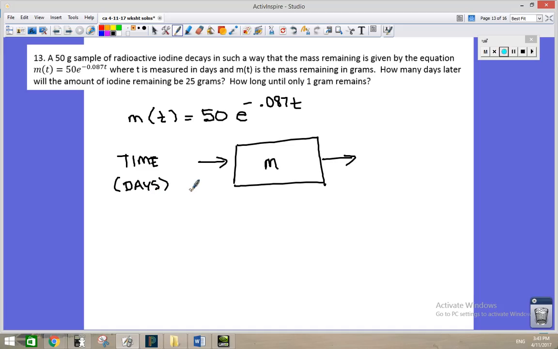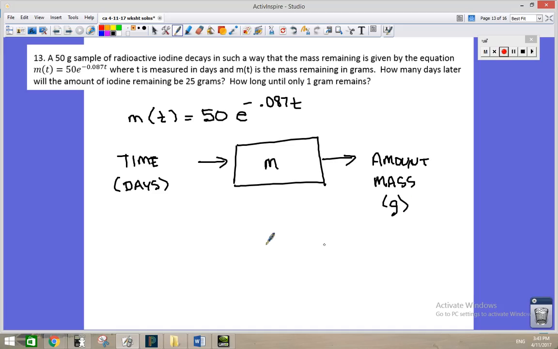And then as time passes, it's going to decay. So the output of this function, what this e to the negative 0.087 is doing, is telling us how much of this mass remains as time passes. So the output of this function is an amount. And that amount is the mass, and that mass is being measured in grams.